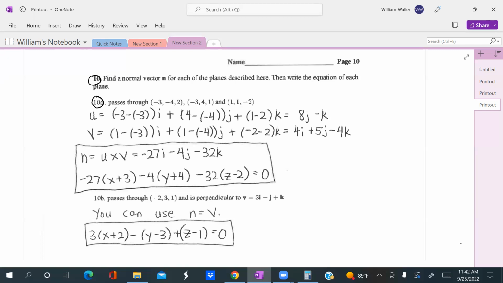How do we actually do this problem, right? So if you're given, for instance, 3 points that a plane passes through, how can we find the equation for the plane? Okay. Well, remember, what information do we need? We need a point that the plane passes through.